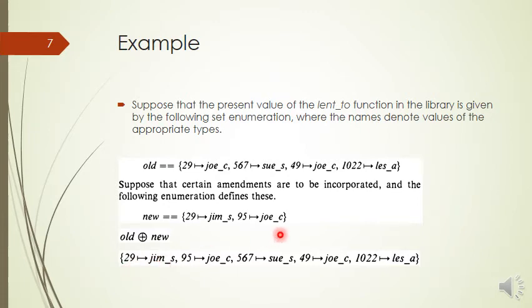And there is a new book 95 which is issued to Joe, which was not present in function variable old. So this ordered pair is a part of the return value of the overriding operator, and the rest of the ordered pairs would remain unchanged, and would be a part of the return value of the overriding operator.